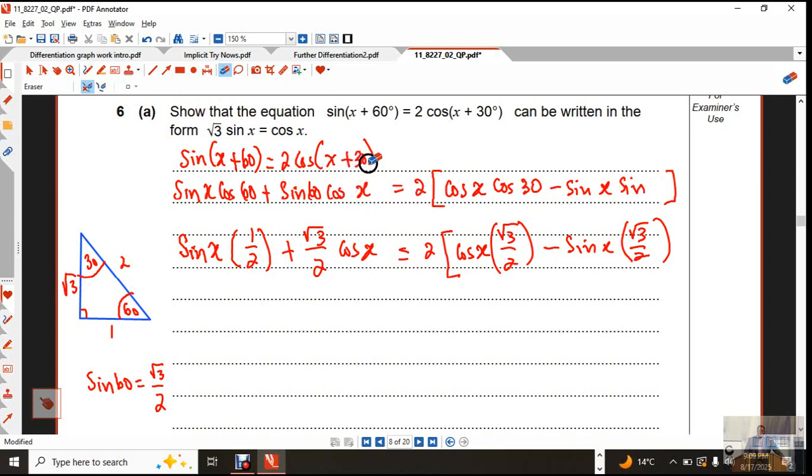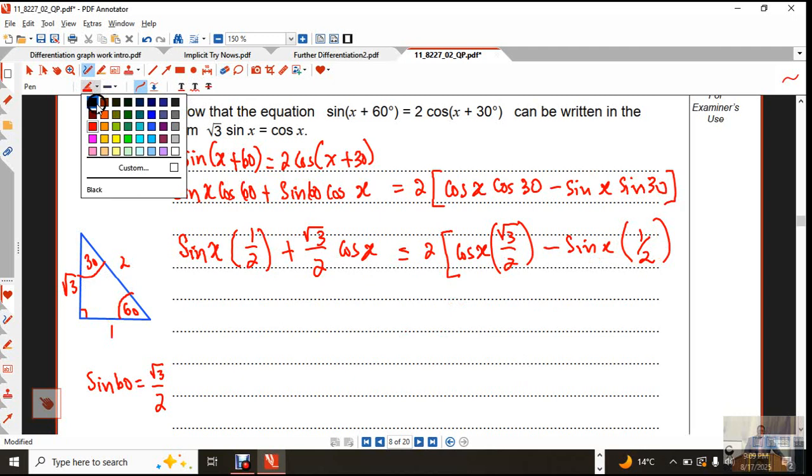So that should be sine of 30. That's why I was wondering why I have the same ratio over there. Cosine of 30 is root 3 over 2. Good. But the sine of 30 degrees, yes, there we go, sine of 30 degrees is a half, 1 over 2. Okay. All right.